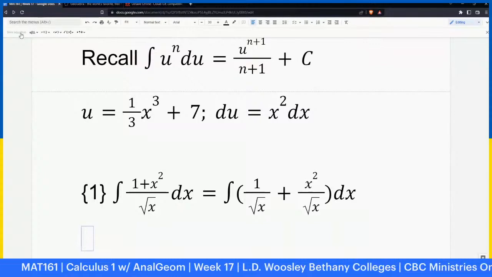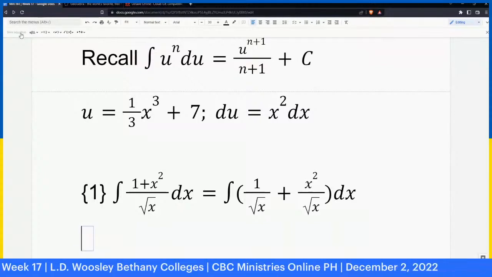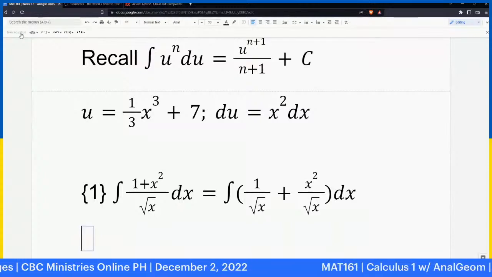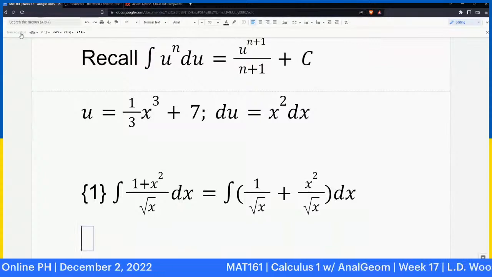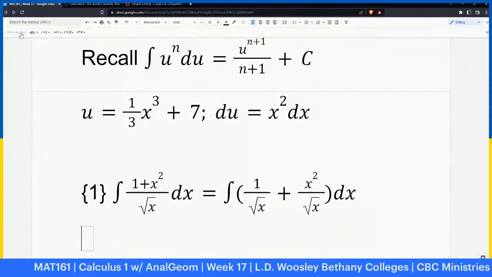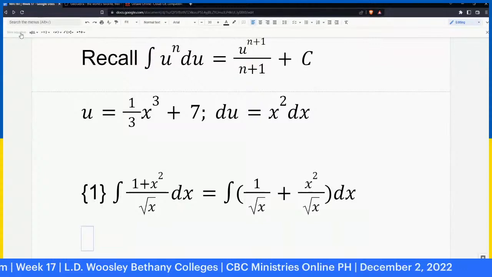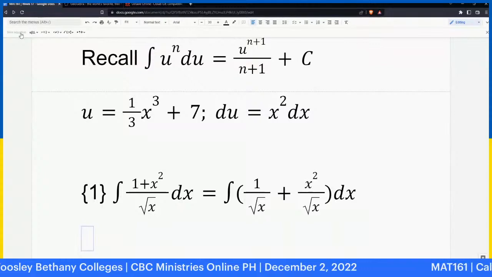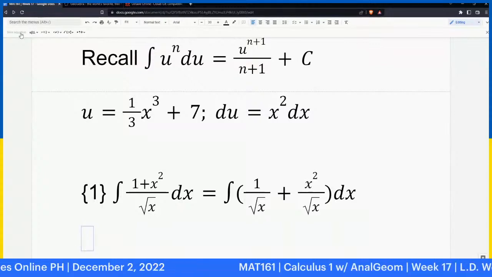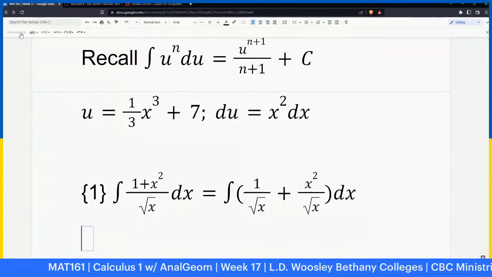Okay? So what is 1 all over square root of x? Or 1 all over x raised to 1 half? Nora, Banji?